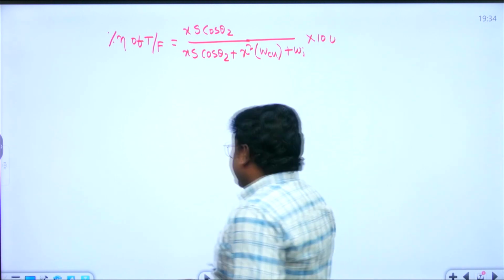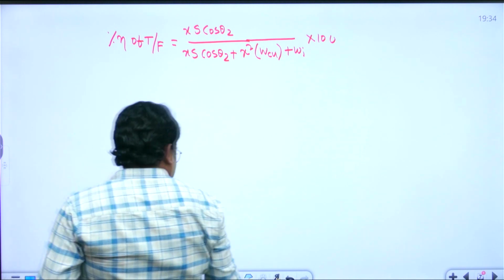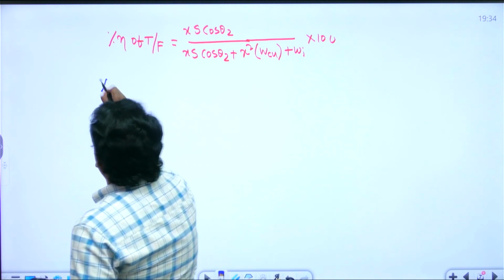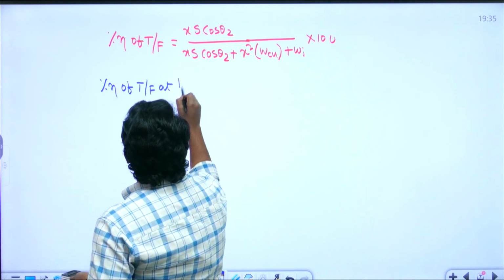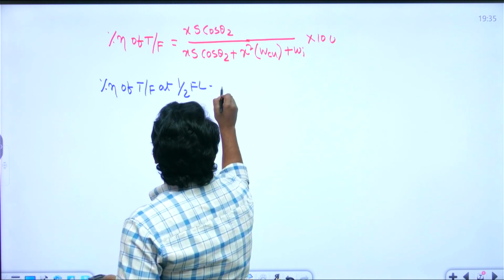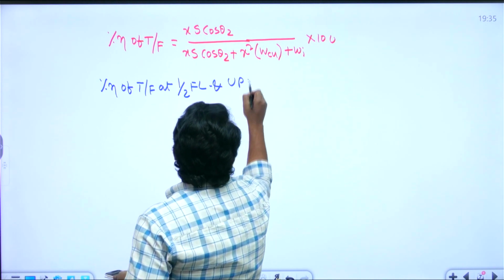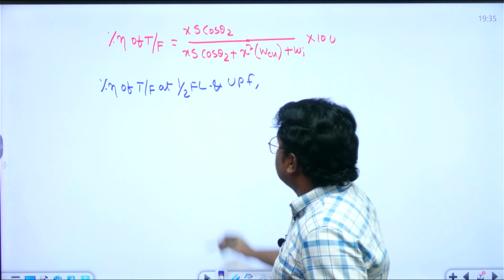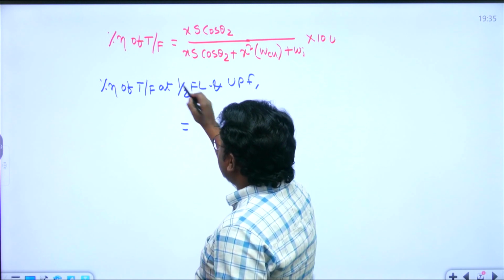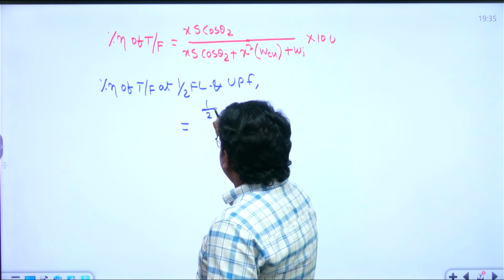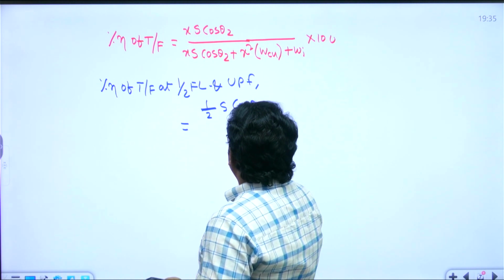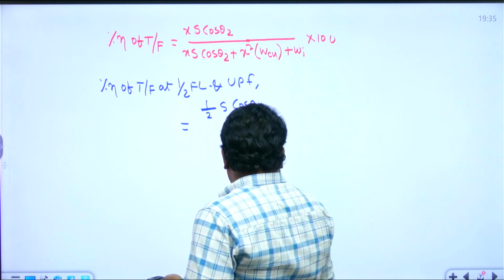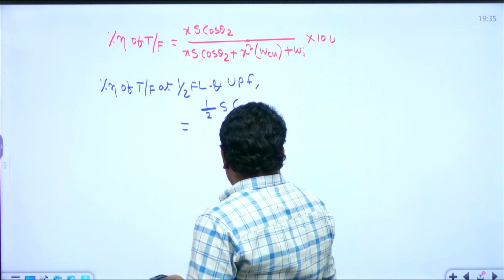Now we require the percentage efficiency of the transformer at half full load and unity power factor. Half full load means 1 by 2, and cos theta 2 is equal to 1.